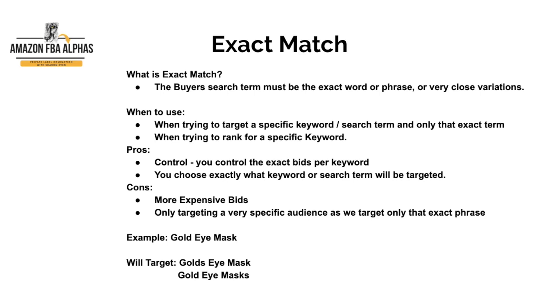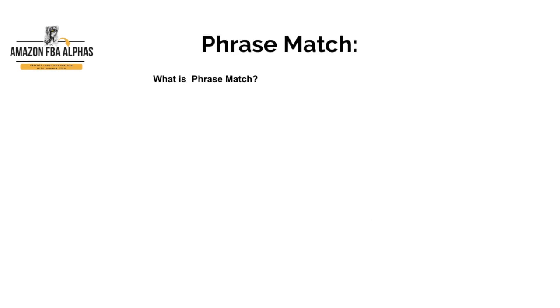So it's a good thing if you're trying to rank, or if you know the exact keywords you're able to convert on with a lower ACOS or that you want to rank on. And it's a negative if you don't actually know and you're just guessing, then you're only targeting that specific audience that's trying to find that specific product through that keyword. So then we have phrase match.